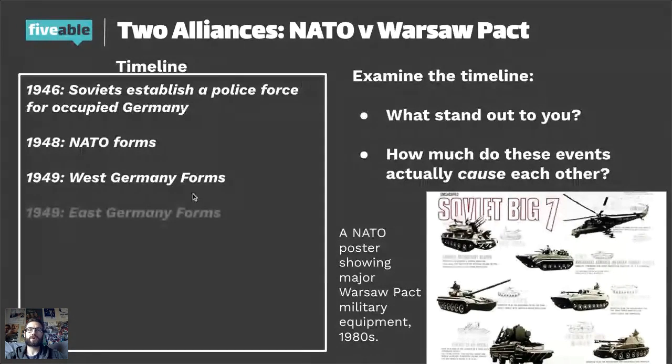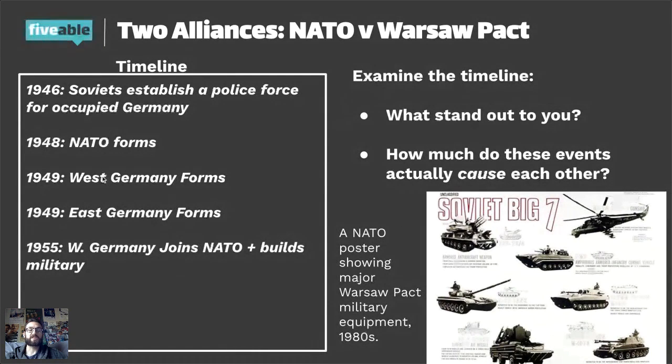Later on that same year, in the Soviet zone, you get East Germany. And then, I should say 1955, West Germany decides to join NATO, and it begins to build its military.